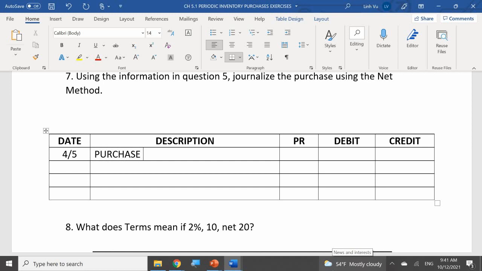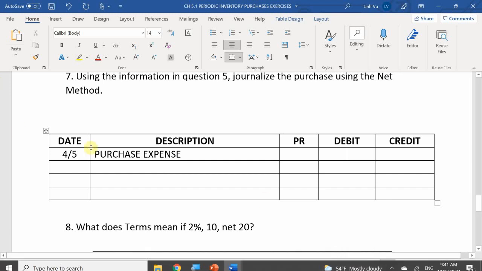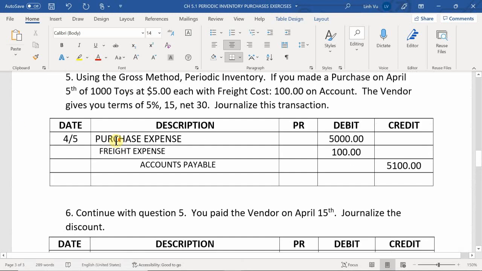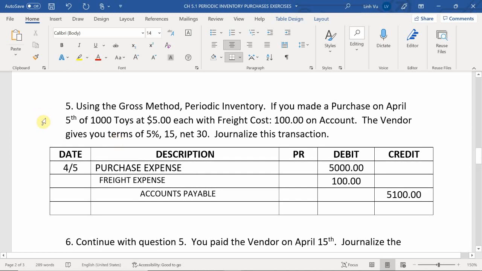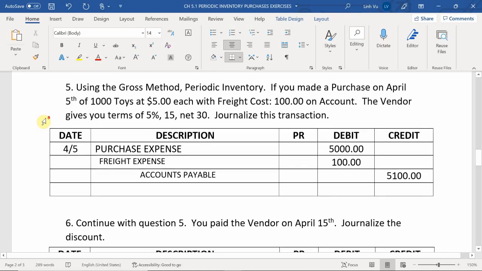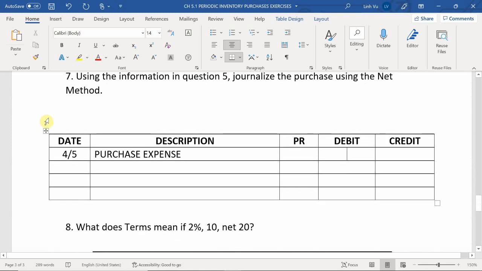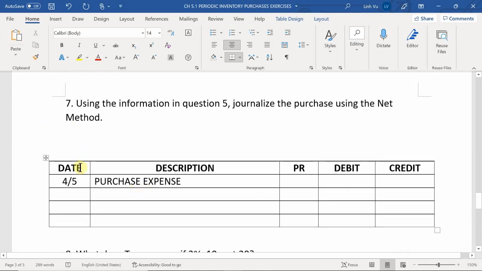Oh wait, where am I looking? 4,750, because in this case we're using the net method, where we take the discount immediately.